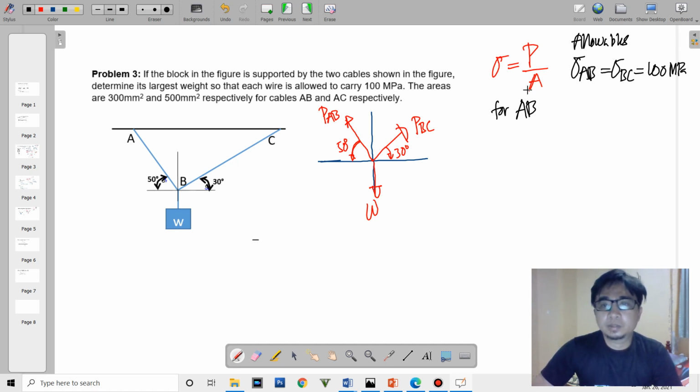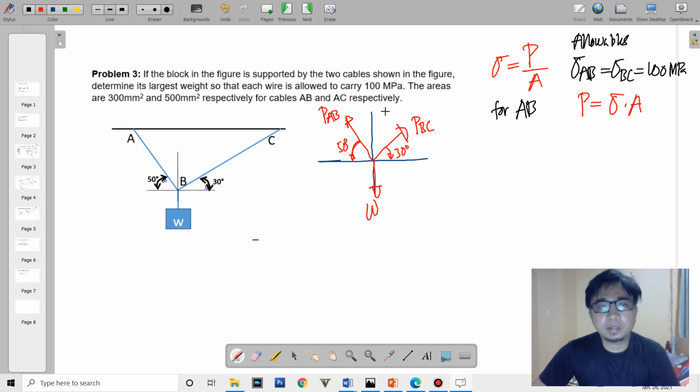Okay, so you might think that out of this given, you can right away determine P of AB and P of BC by simply cross multiplying, because if we cross multiply this one, we'll just have P is equal to sigma times area.